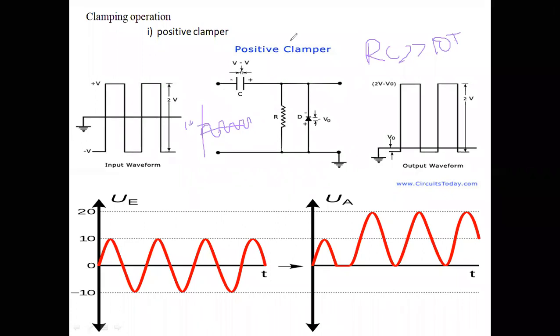Therefore, generally for the clamper circuit, we have to choose the time constant to be very large. That is a generalized statement. Once the capacitor charges to the full level, in the next cycle it won't go to zero. Suppose in the positive cycle the capacitor charges to the full level, and when it reaches the negative peak, the capacitor has to be discharged to 0 volts, because it is plus 10 and minus 10.